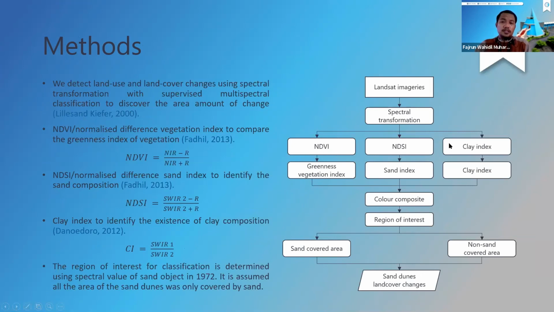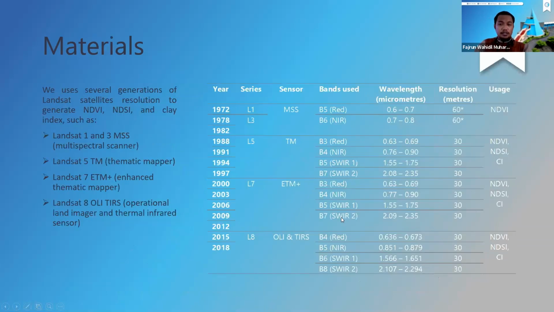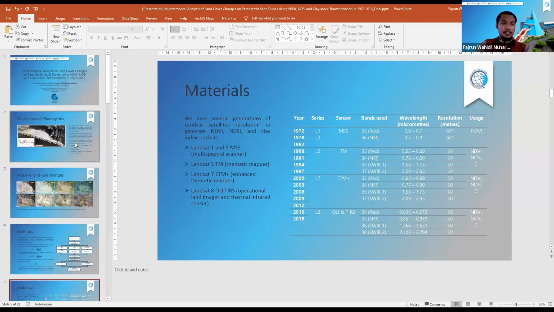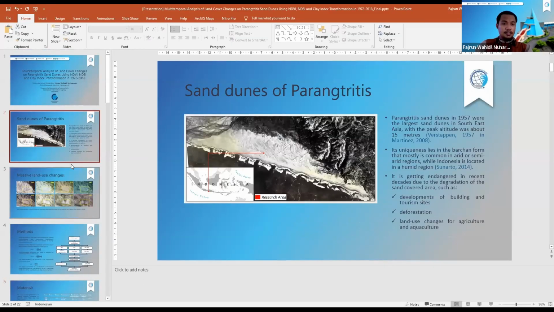First we use the transformation index for the images one by one, and then we mix it with the composite. We make the classification to distinguish the area. Is that what you asked? I'm sorry, I cannot get it at all.